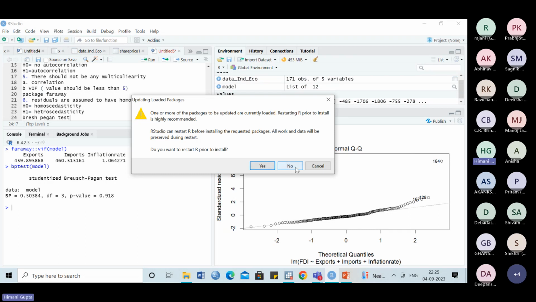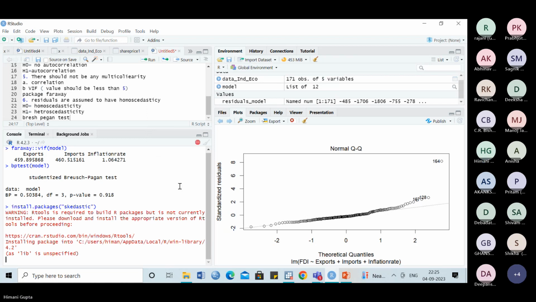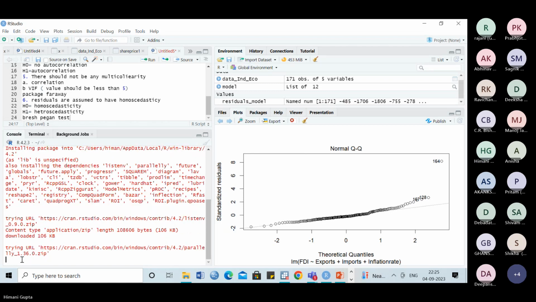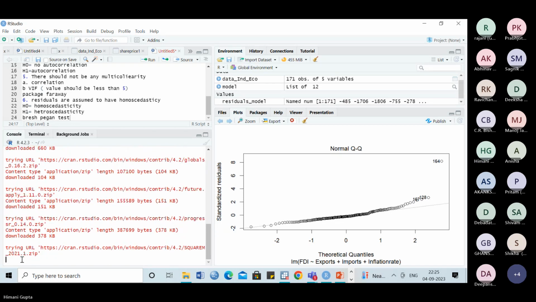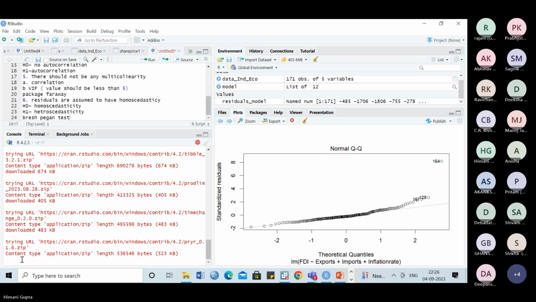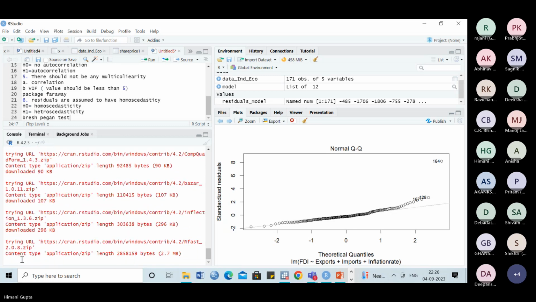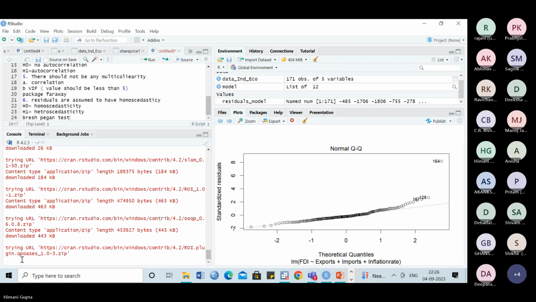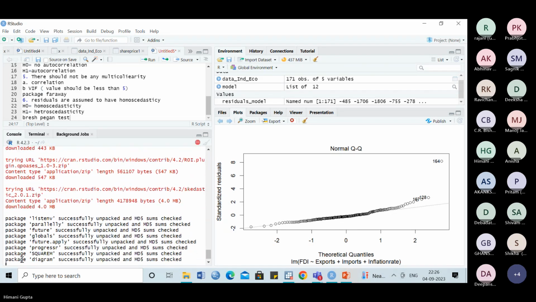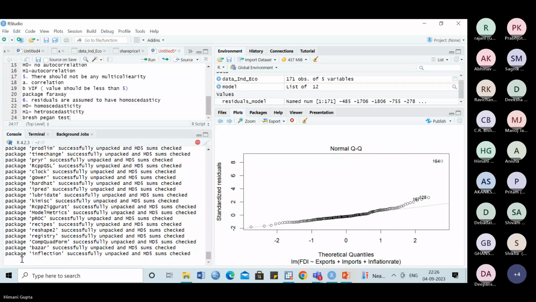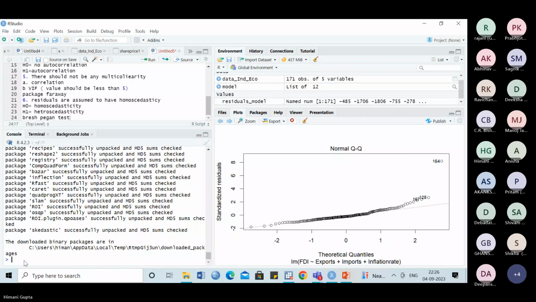I'm not installing right now because it's asking me to update it. Okay, now it's done.